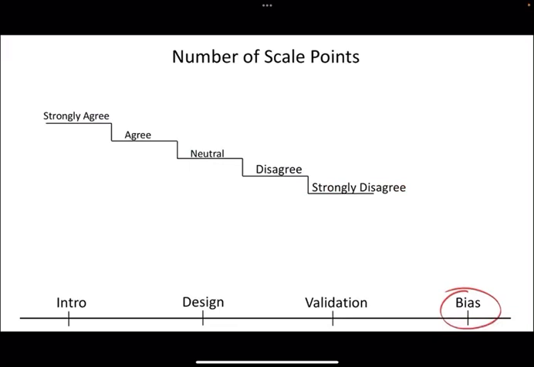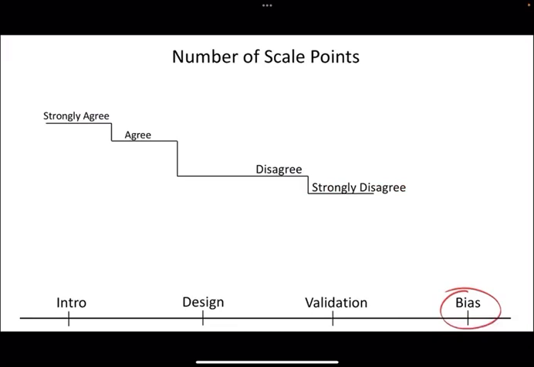So here, the jump from strongly agree to neutral and so on are kind of equal steps, but if you remove the neutral option, then you have this situation where the jump from strongly agree to agree is smaller than the jump from agree to disagree. I think you would probably understand that the difference between agree and disagree is larger than the difference between agree and strongly agree.